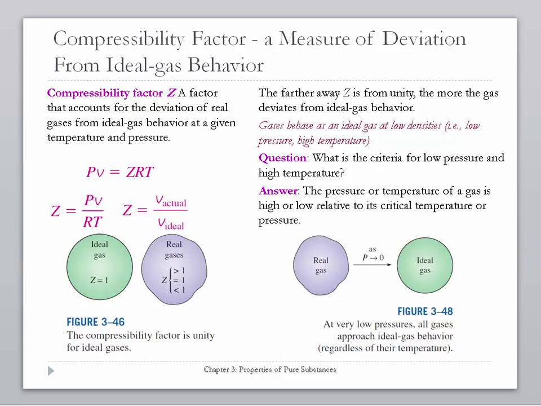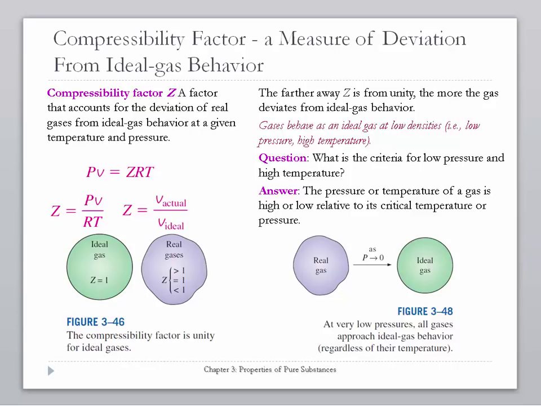Notice that this is equal to the ratio of the actual volume divided by the ideal volume. Now, these values are going to be proportional to the level of temperature and the level of pressure that you have, whether you have a high value of pressure or a low value of pressure, and the same thing with the temperature.